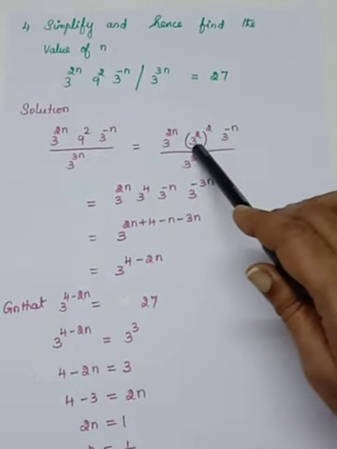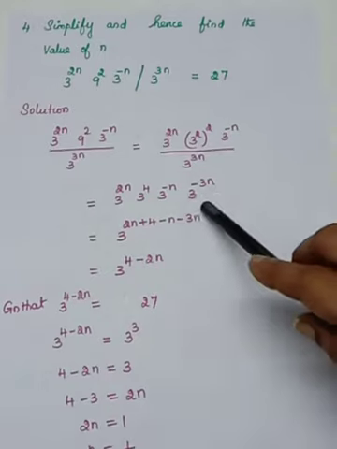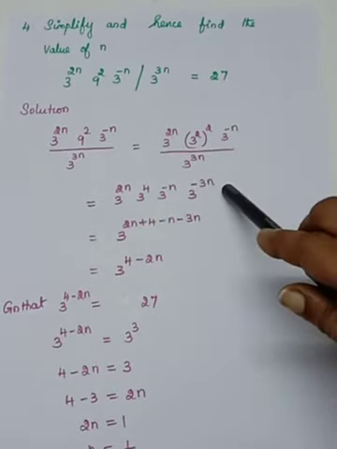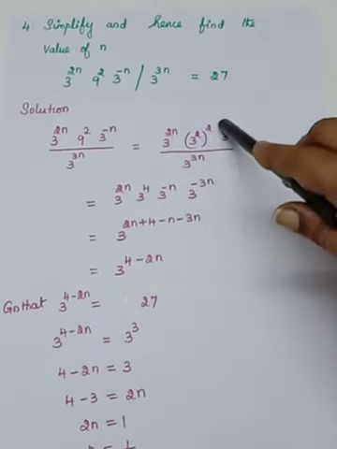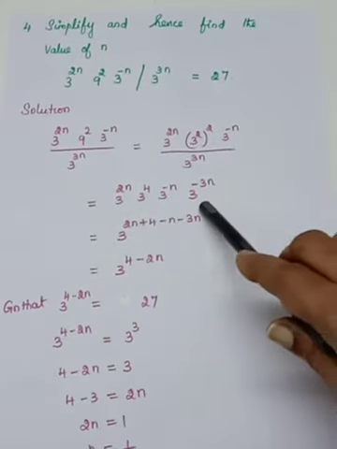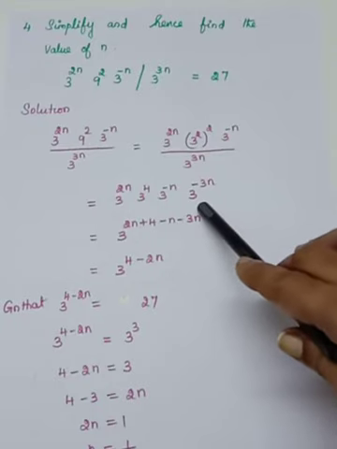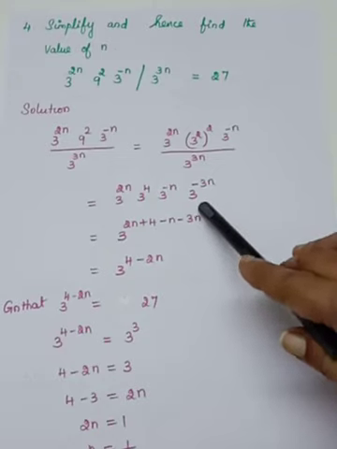Okay, so I have taken this denominator 3 power 3n to the numerator. About how the power is changed, that is 3 to the power minus 3n. Okay, (3 squared) the whole squared is what? 3 power 4. So see, look at this. All the terms, the base is 3, you have to multiply the terms. So if you want to multiply the terms with the same base, the powers have to be added.